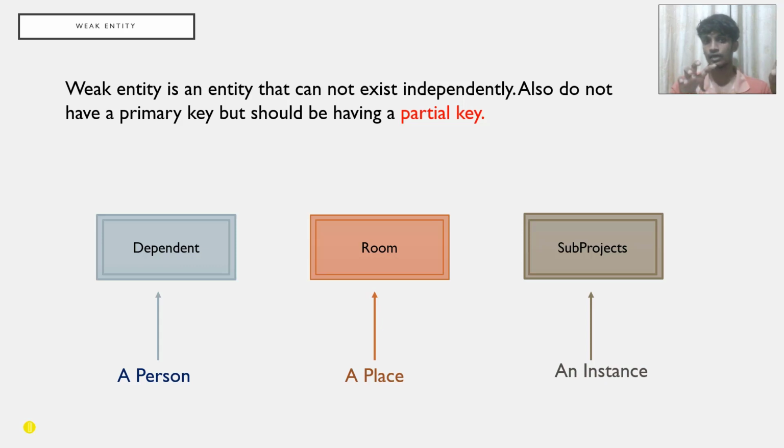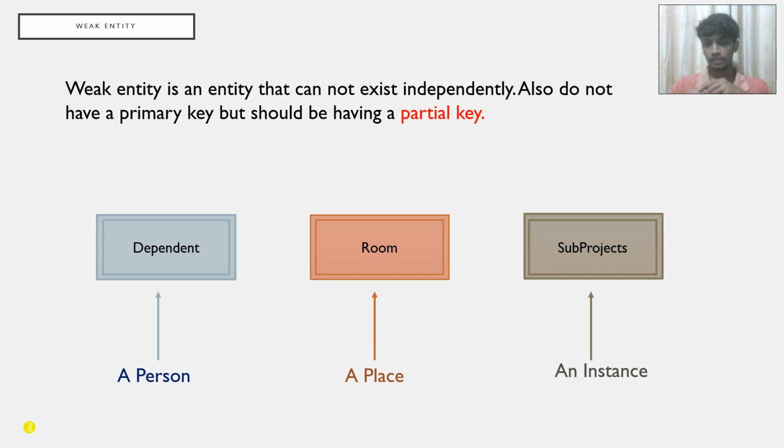Therefore, employee will be the strong entity, which represents the general entity in that database, and dependent will be a weak entity because it only exists because of the employee. If there is no employee, then there will be no dependent, but there could be an employee without a dependent. That's how a weak entity takes place in the database management system.